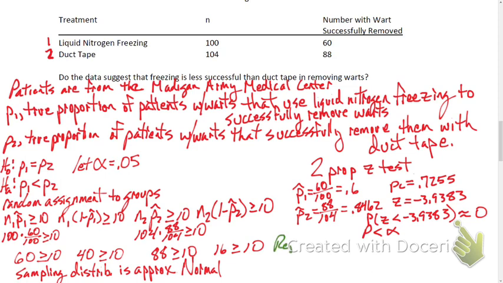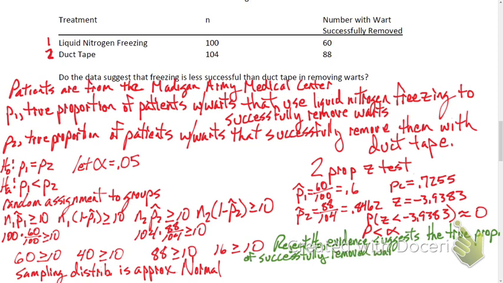so I can say reject H0. Evidence suggests the true proportion of successfully removed warts with duct tape is higher than with liquid nitrogen freezing for the patients at Madigan.